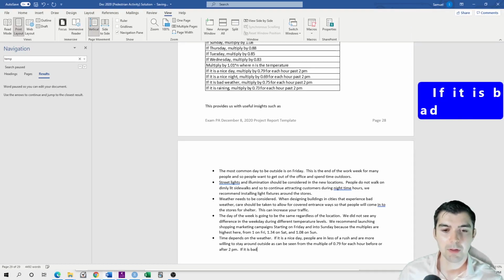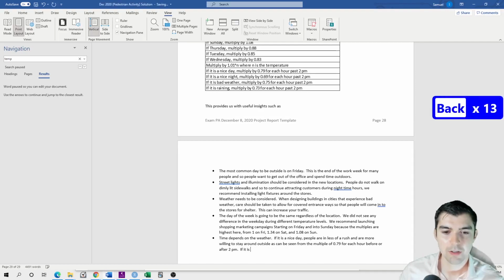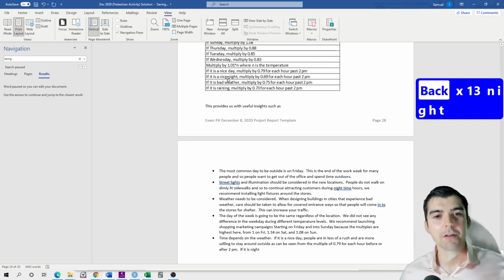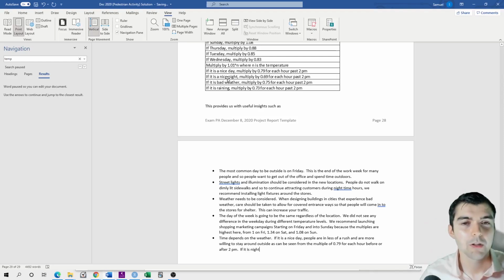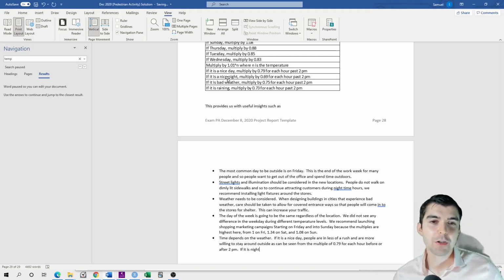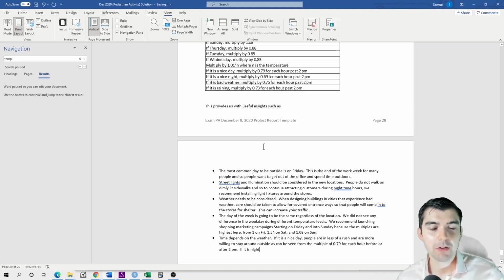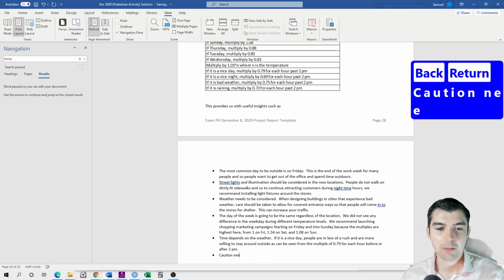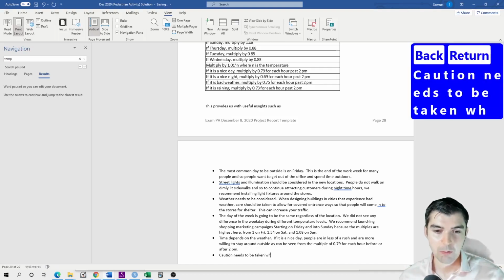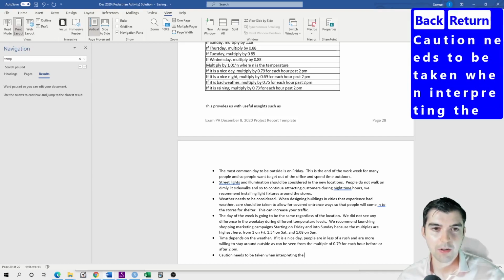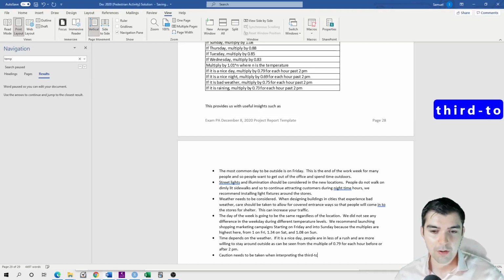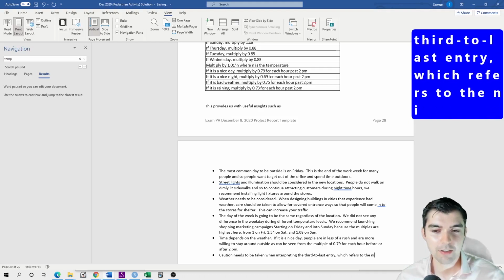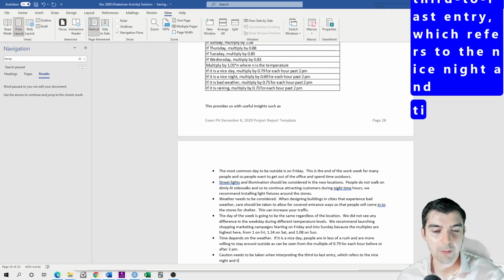If it is bad weather, if it is night. Does this really make sense? This is somewhat confusing because night is obviously related to the hour. If it is nighttime, you already know that it's past 2 p.m. So, a word of caution: caution needs to be taken when interpreting the third to last entry, which refers to the night and time relationship.